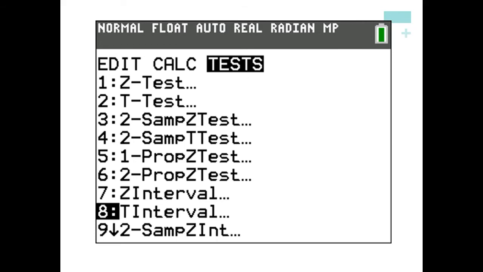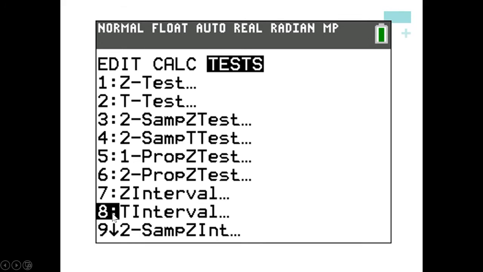You're going to see all the different confidence intervals and tests that we're going to be doing over the next few weeks. And so we've done 2 of them so far. One of them is a t interval, which is what we're doing right now.